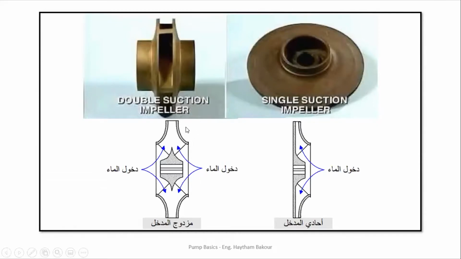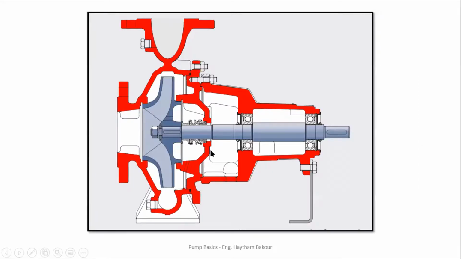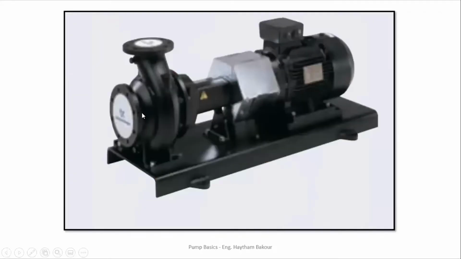And the difference here is based on the design of the format of it. We are going to speak about the one side suction impeller where the water is coming from one side and going out from the surrounding.